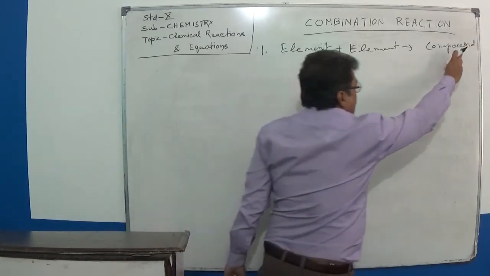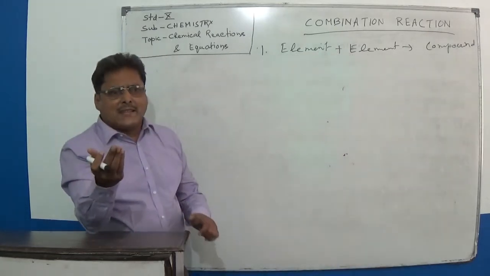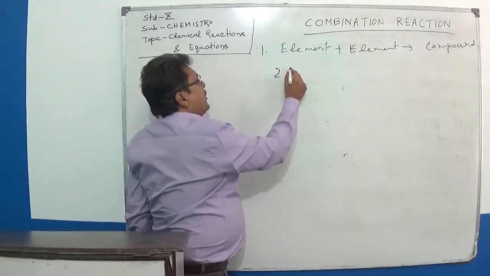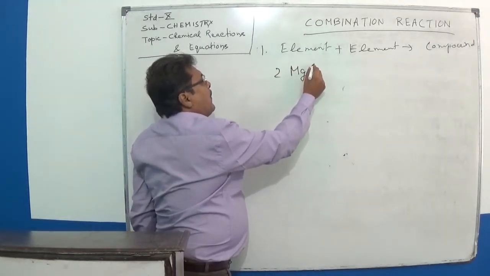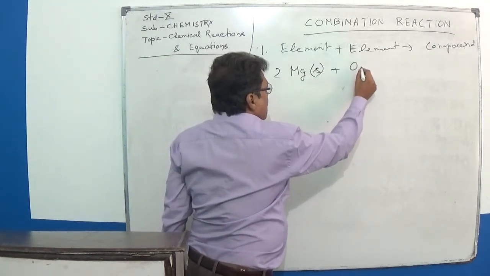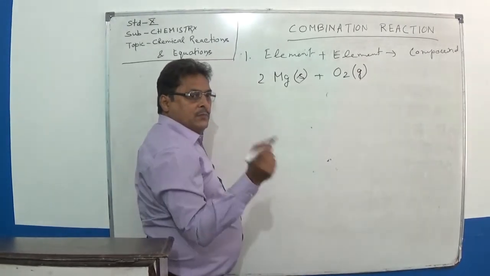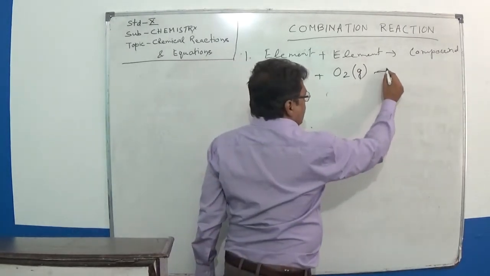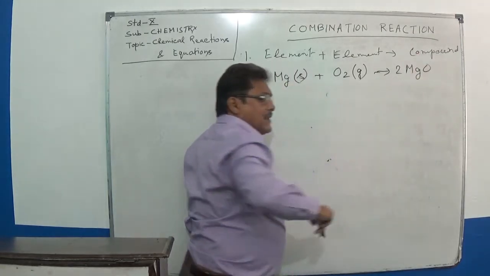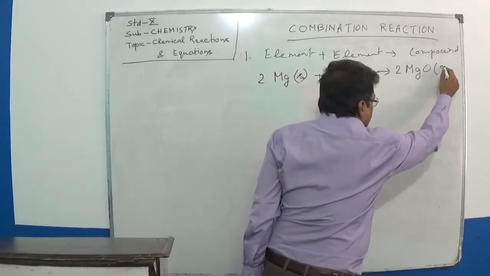Let me give you some basic examples. Like you see, if we burn magnesium in air, that is in the presence of oxygen, magnesium oxide is produced, which is a compound.